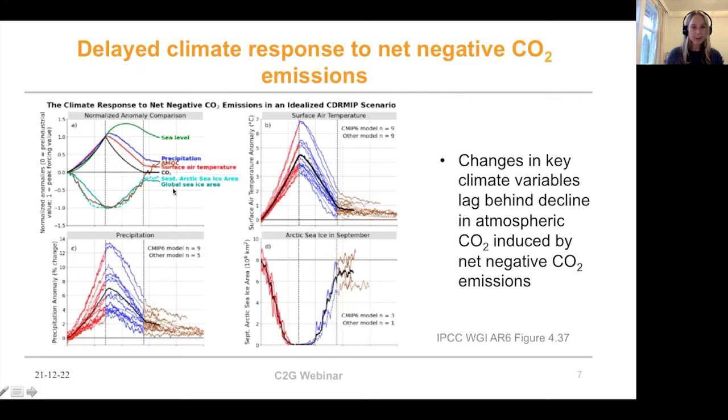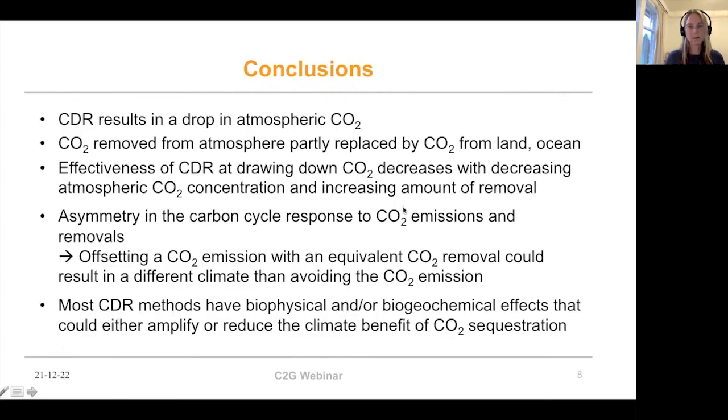And then these different curves here in the upper left panel show different climate variables. And what this figure here illustrates is that the changes in these variables lag behind the decline in the atmospheric CO2 concentration that is induced by net negative CO2 emissions.